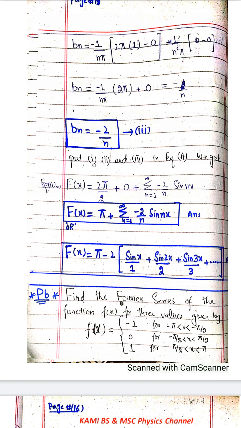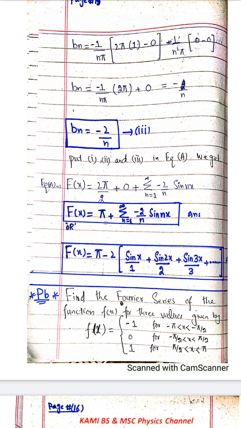Now we will put equation 1, equation 2, equation 3 in equation a. We will get f of x is equal to, put the value of a naught, an and bn. So equation a implies that f of x is equal to 2 pi divided by 2 plus 0 plus summation n equals 1 up to infinity minus 2 divided by n sin nx.